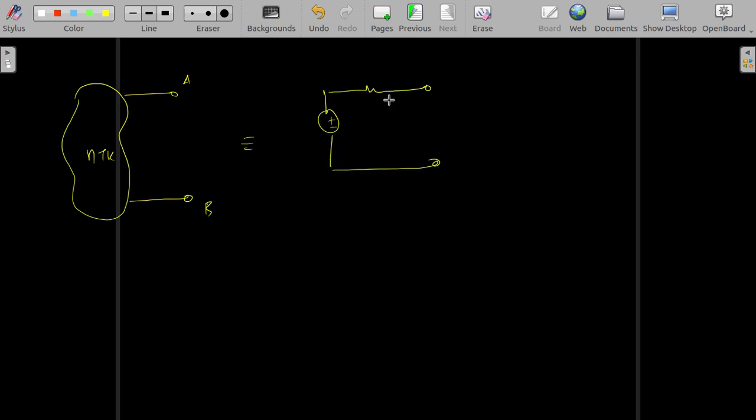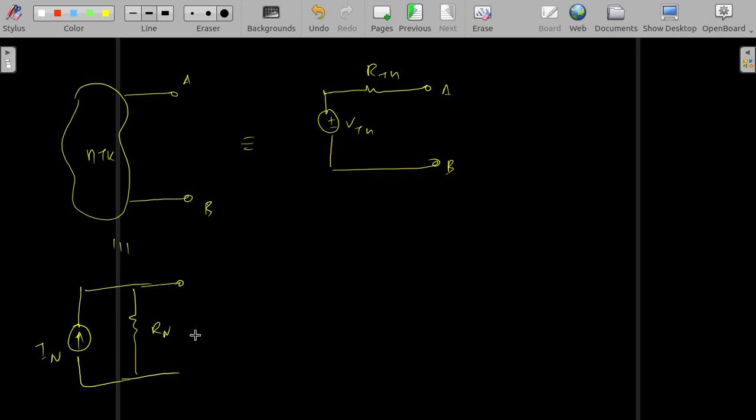And we have our equivalent Thevenin circuit, RTH, and voltage VTH. We also have our equivalent Norton circuit, again IN and RN, across A and B. So the response of this network across A and B should be the same as the response that we get from this actual original network.